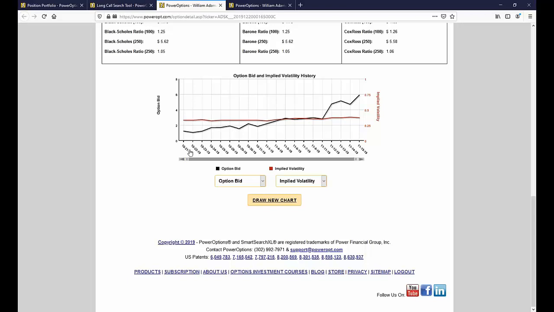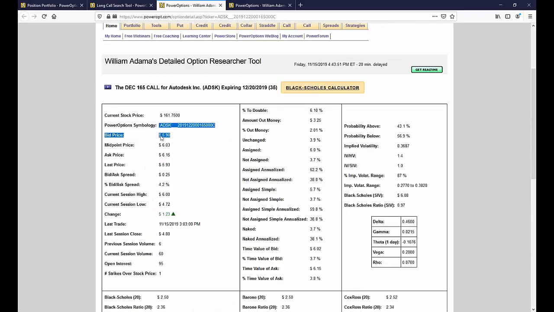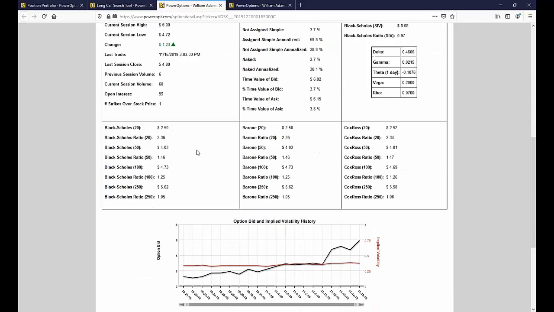And yes, I see it's been out to October, so I would look at Autodesk's chart over that 3-month period and say, how did this IV react? It's the red line. How did this IV react when the stock shifted one way or the other? It's been pretty static. But does it do me any good? You obviously have a different opinion, Mark. But does it do me any good if I'm interested in buying or selling or including this December 165 strike as part of a spread for a trade the next 35 days out?